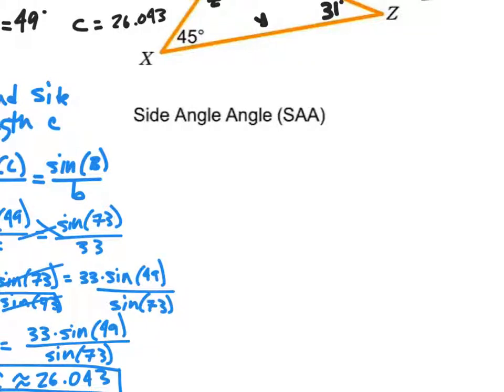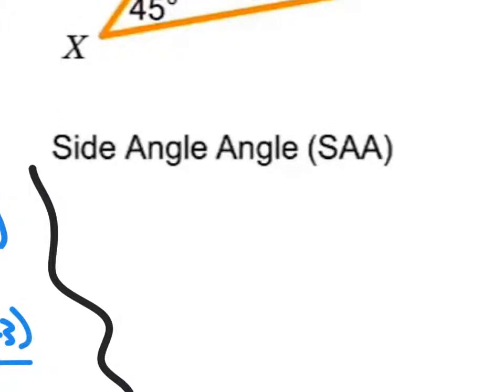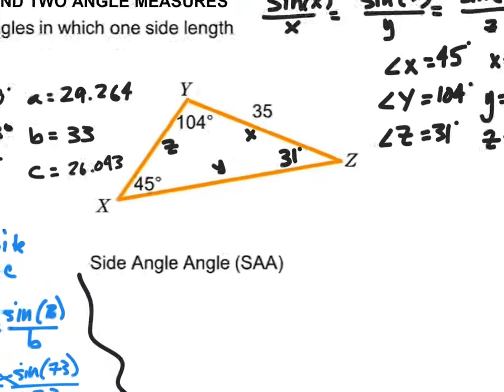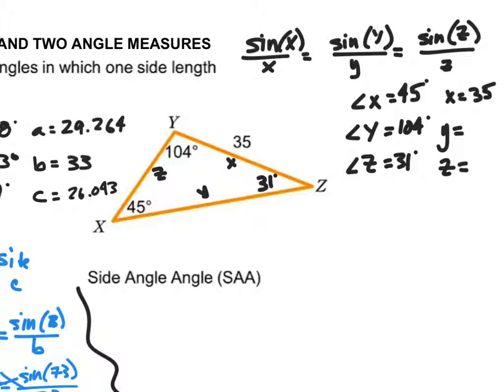Let's jump in and do that. Let's find side length Y first. We have to use side length X because those are the ones you're given. You know for a fact that X is 45 degrees and that the length is 35.